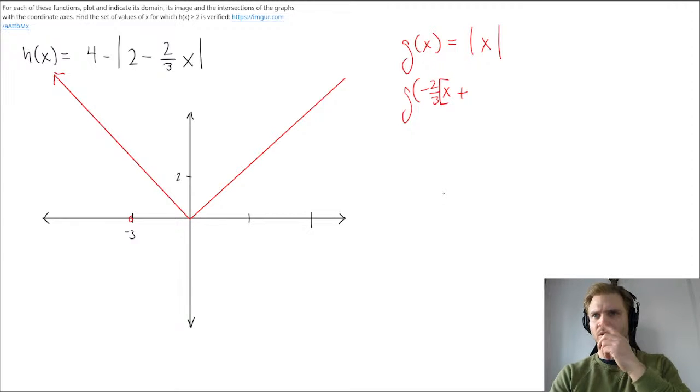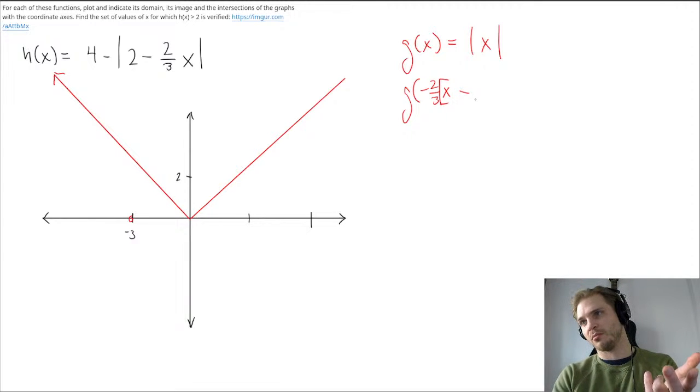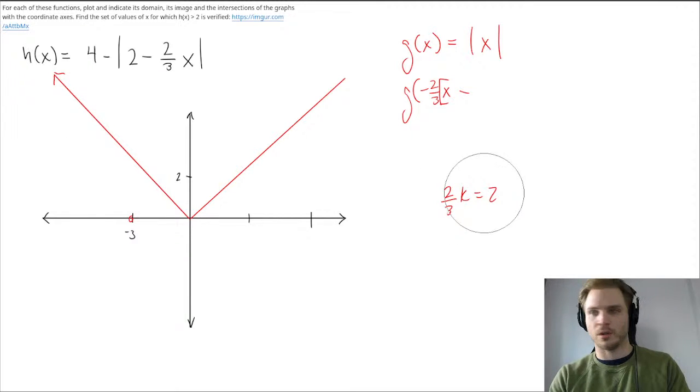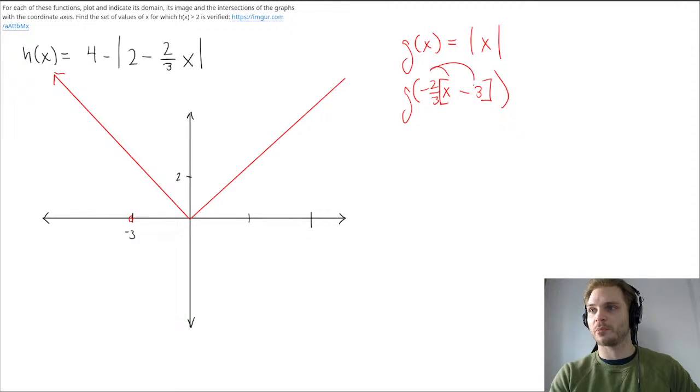So 2/3 times k equals 2, so k is 3. If you FOIL this back in, you'll see that it equals this. That's what I'm looking for. So this is the absolute value of 2 minus 2/3 x. Let me write it the way I have it there: negative 2/3 times (x minus 3).